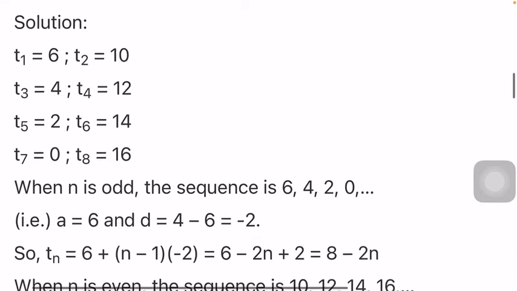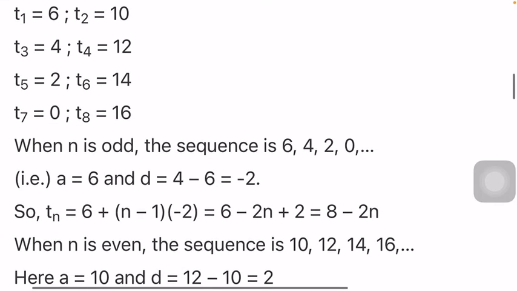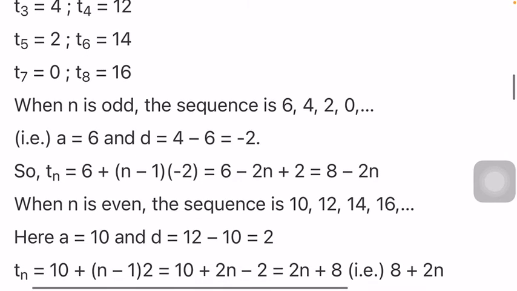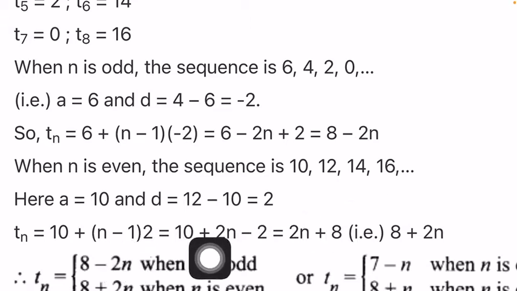For even terms, it is 10, 12, 14, 16, like that it goes on. So for the even terms, the first term is 10 and the difference is 2. So the general term Tn is equal to A plus n minus 1 into D, that is 10 plus n minus 1 into 2, which is 10 plus 2n minus 2, and it is 8 plus 2n.